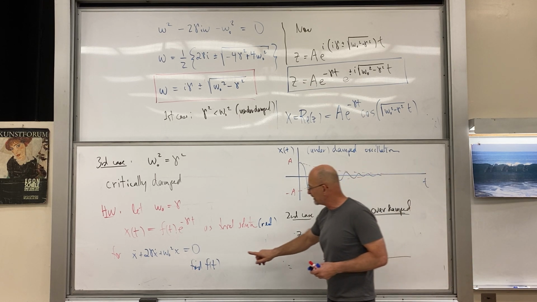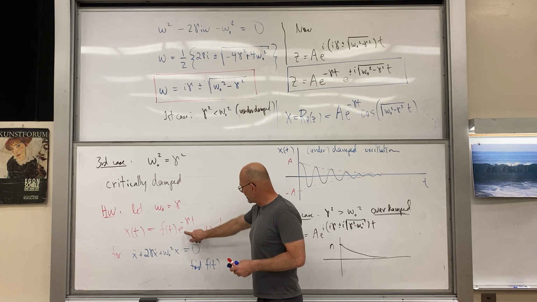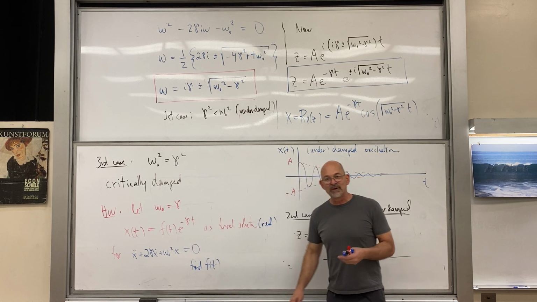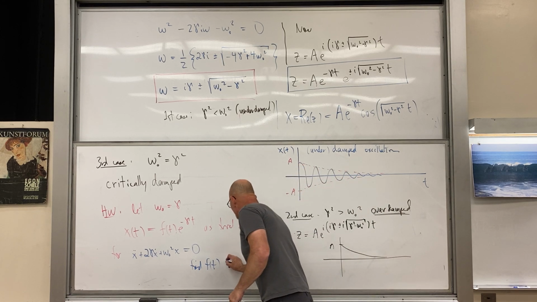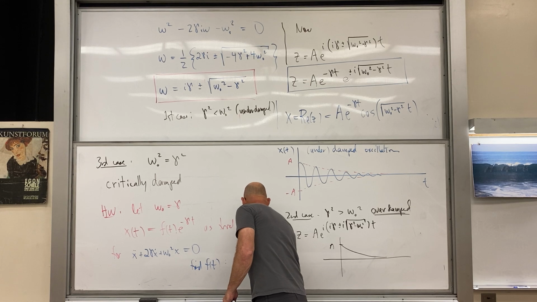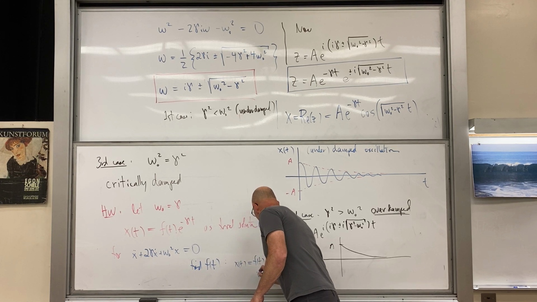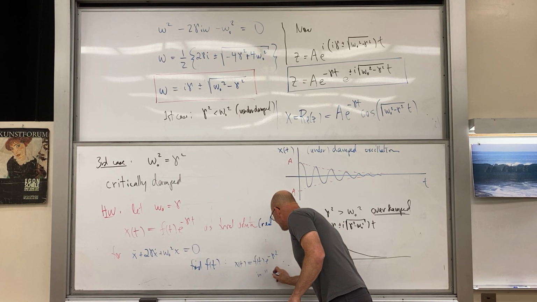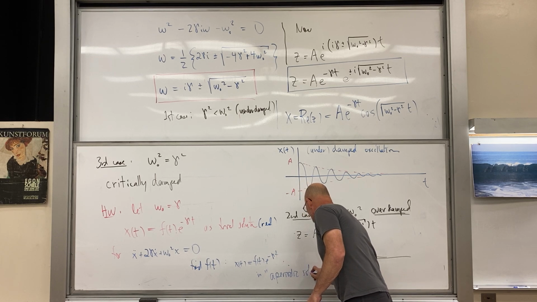So when you combine this f of t that you get out of this differential equation with e to the minus gamma t, you get the aperiodic solution. So x of t is this f of t e to the minus gamma t. It's called the aperiodic solution.